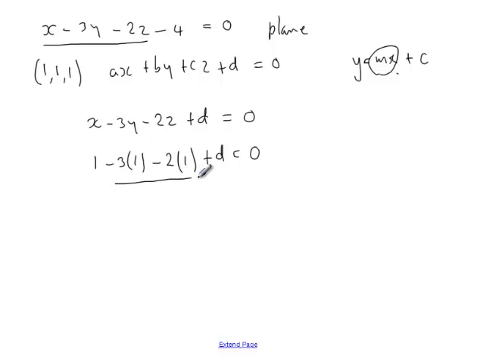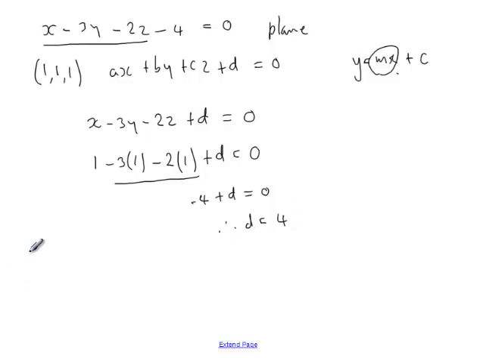Minus 5, and then plus 4, it's minus 4 plus d equals 0. Therefore d is equal to 4.